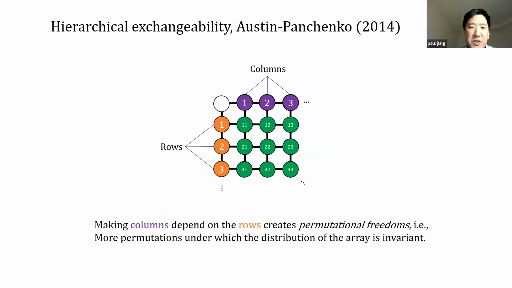And now finally, let me get to the theorem of Austin-Panchenko. So what is hierarchical exchangeability? What Austin and Panchenko did is somehow we want to think of the columns as being dependent on the rows. And what do I mean by dependent on the rows? In some sense, we actually free all the rows from their dependence on the column.